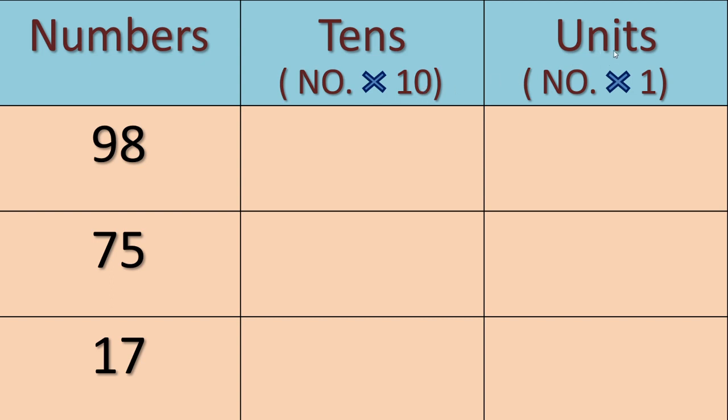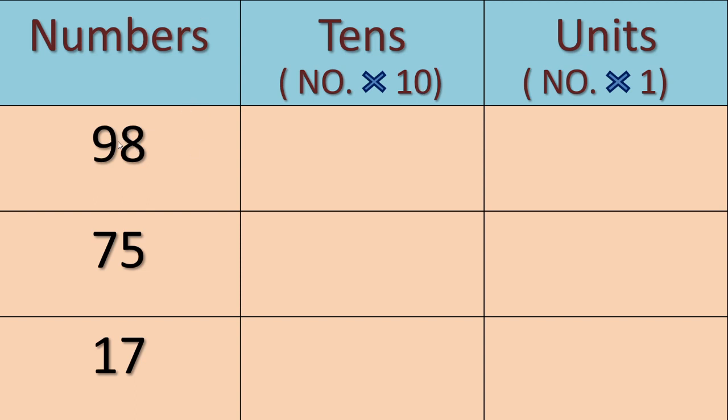And the last one is unit column. Here number multiplied by 1 because unit means single. So we are multiplying the unit number by 1 and the tens number, the number which is in tens place, we will multiply by 10. Okay, we will go through this.